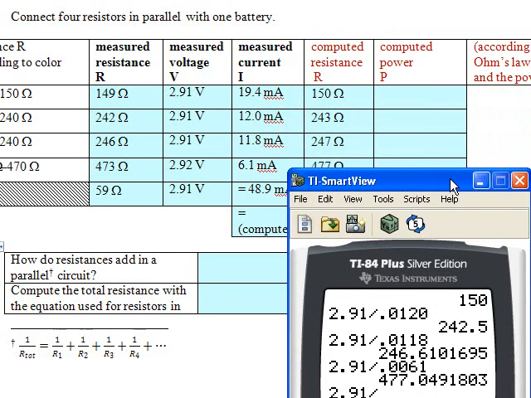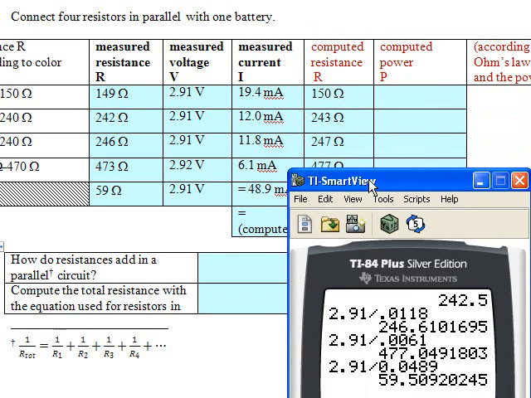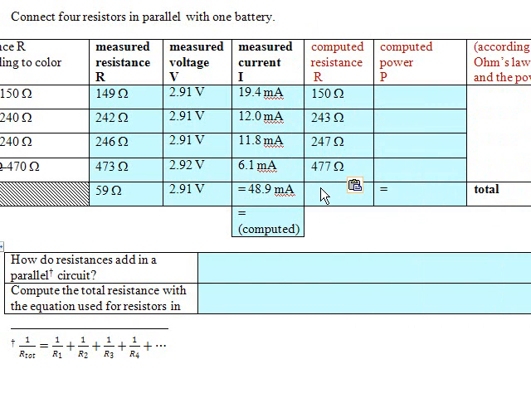Divided by 0.0489 amps, and I come up with a rounded 60 milliamps. Oh, whoops, a rounded 60 ohms. Which is basically the same number that I measured over here.